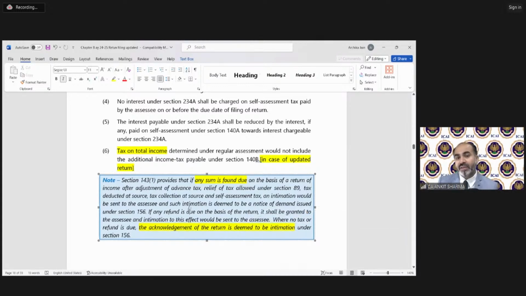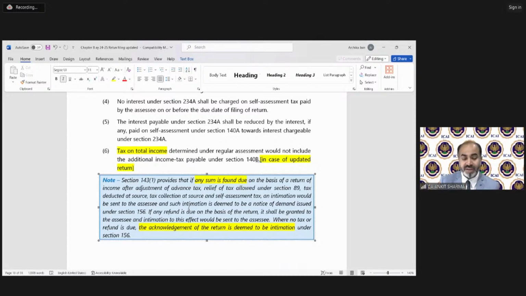That means if you need to pay anything, department will send you an intimation. That does not mean calling you, it means department will send you an intimation if you have tax to pay. If you have refund, then department will also send you intimation that this much amount we are going to refund.